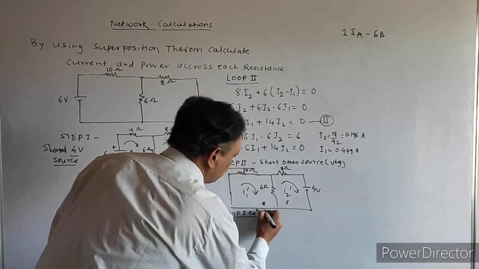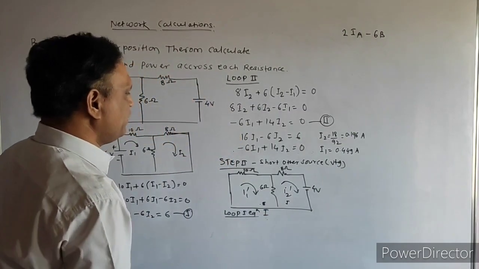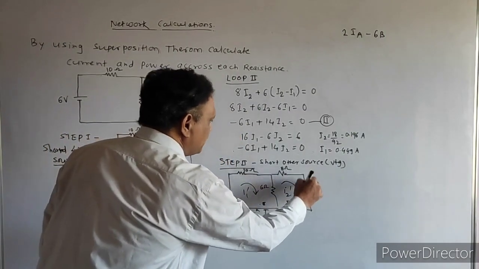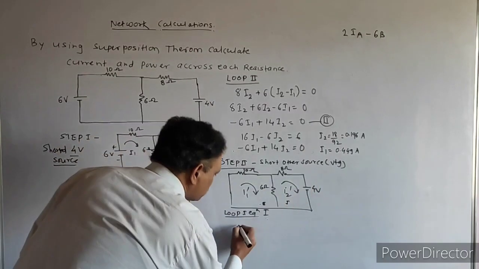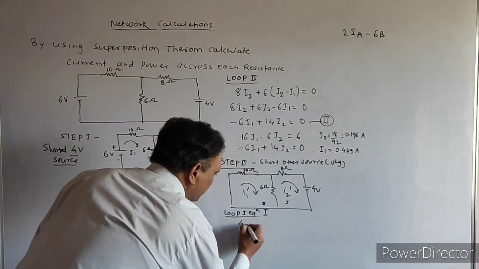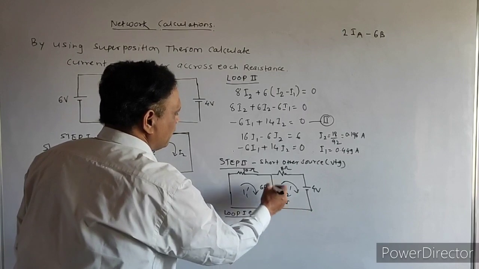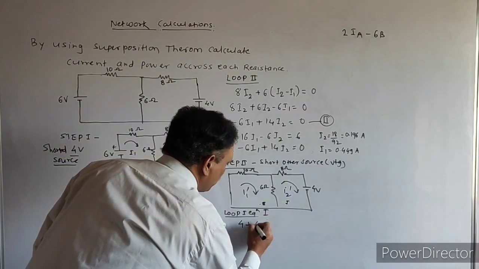So for the loop 1 equation, the current is entering from the positive side, so as per our convention we take it as plus 4, and the remaining elements are always plus.